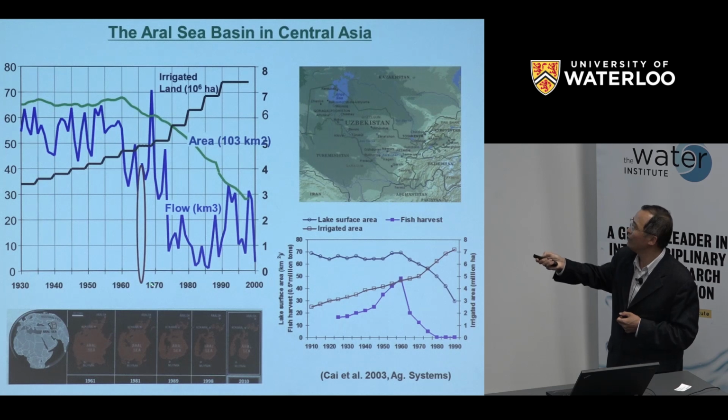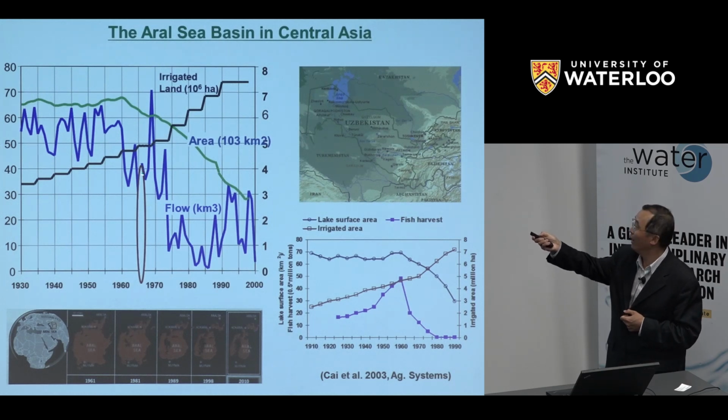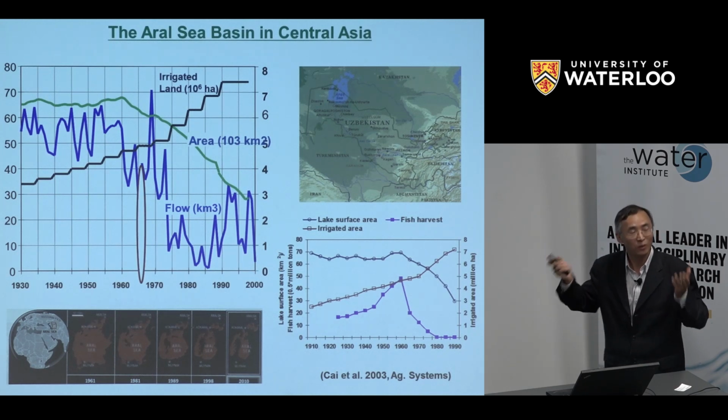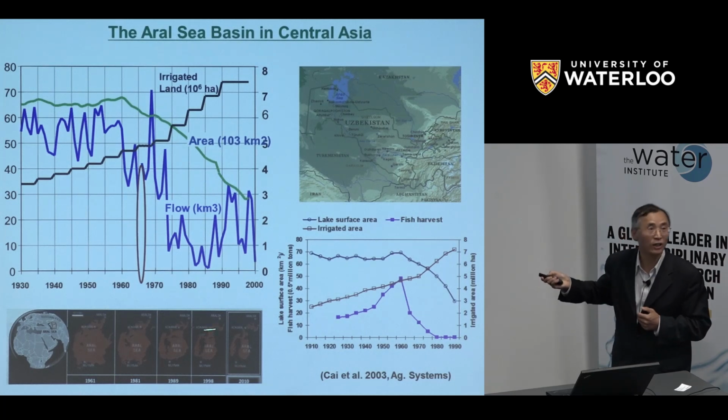Right before the 1970s, there was a tipping point, a threshold, about the inflow to the lake and also the area. Why did the tipping point happen at this time?